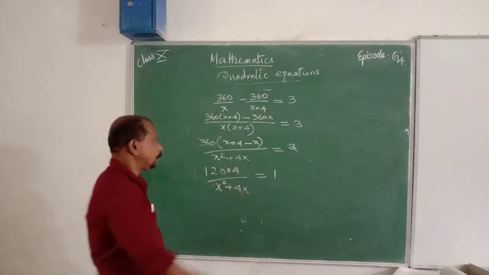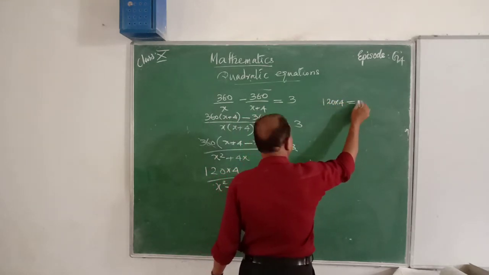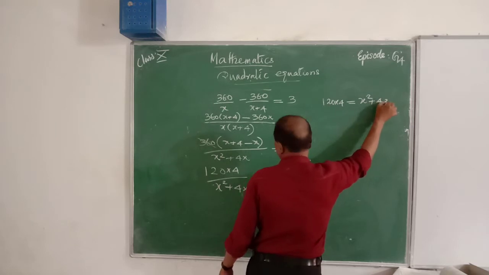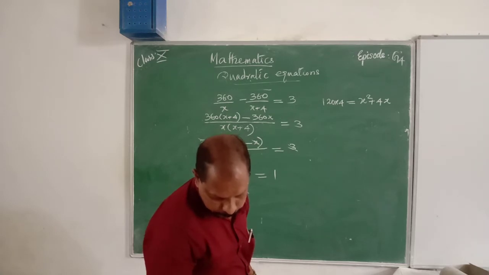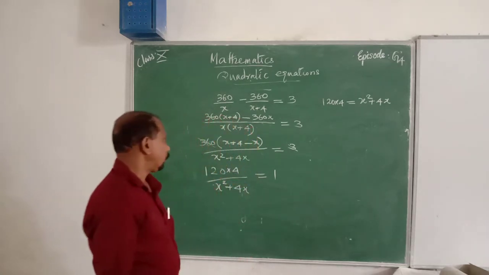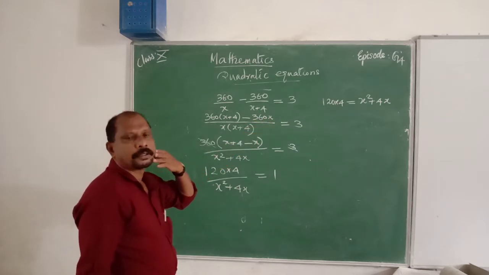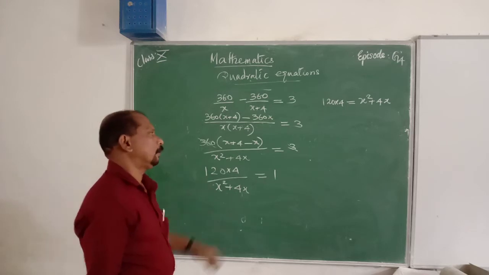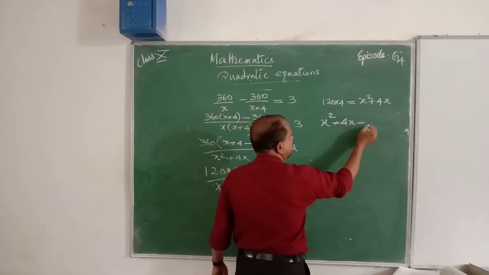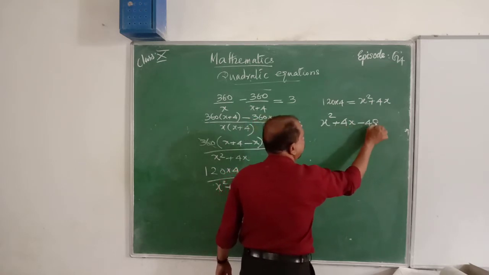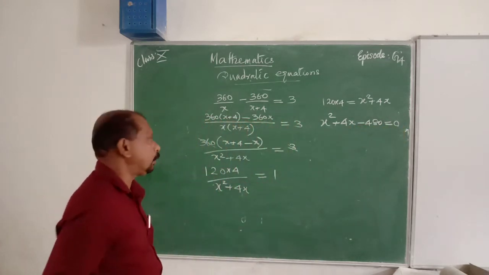Cross multiplication: 120 into 4 is equal to x square plus 4x. 120 into 4 is 480. Shifting to the right, that is x square plus 4x minus 480 is equal to 0. This is the quadratic equation for that solution.